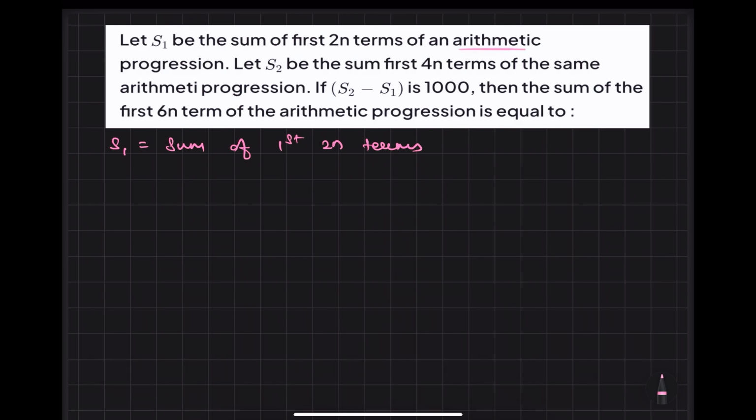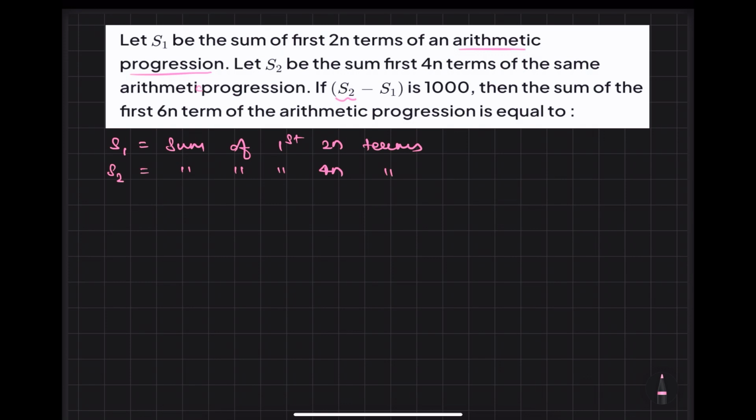Now we have S2. S2 is the sum of the first 4n terms of the same arithmetic progression.